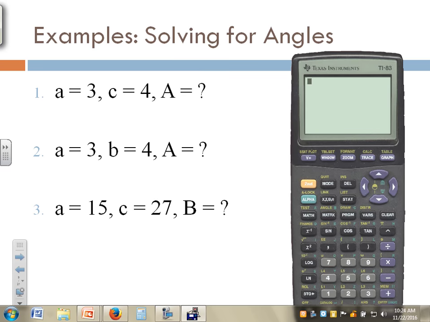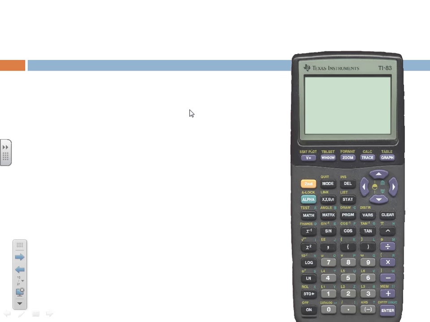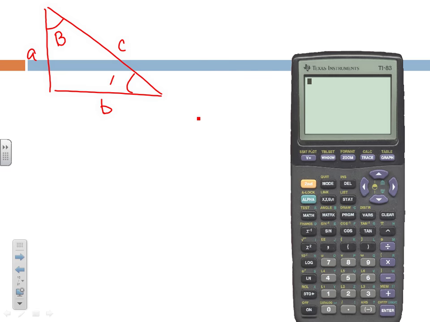So let's start with example number 1. Alright, so we're going to draw our triangle. We have sides A is equal to 3 and C is equal to 4. Alright, and we're going to be looking for angle A. So here's my triangle, side C, side A, side B. This is angle B up here, this is angle A right over here.